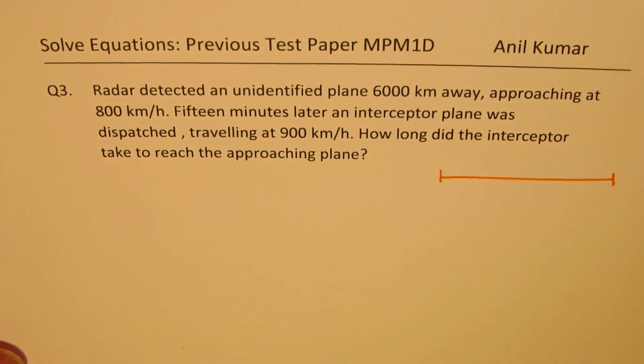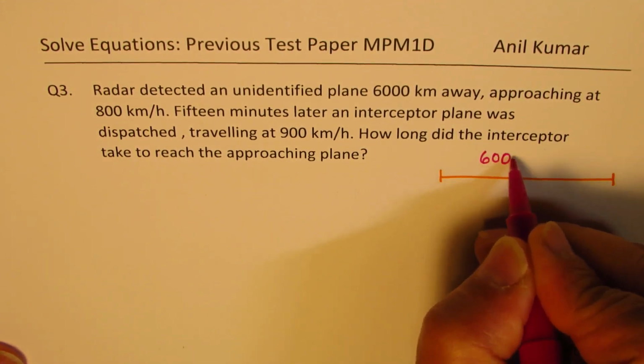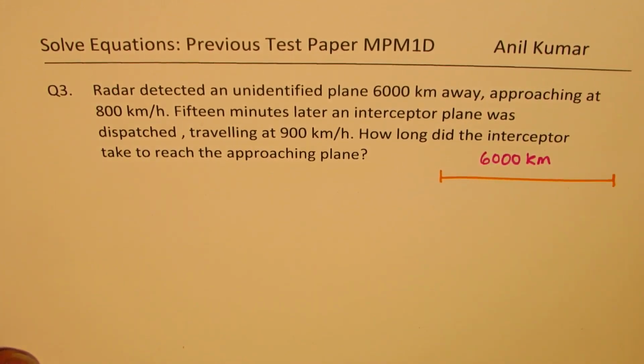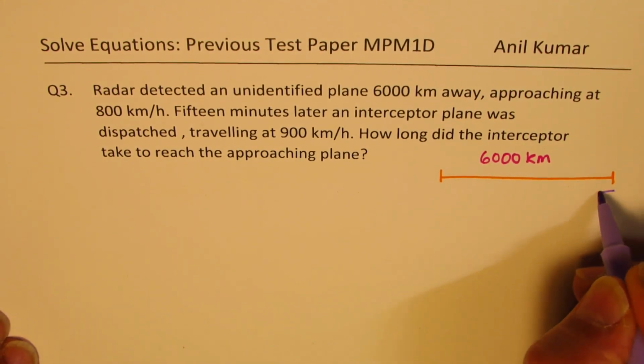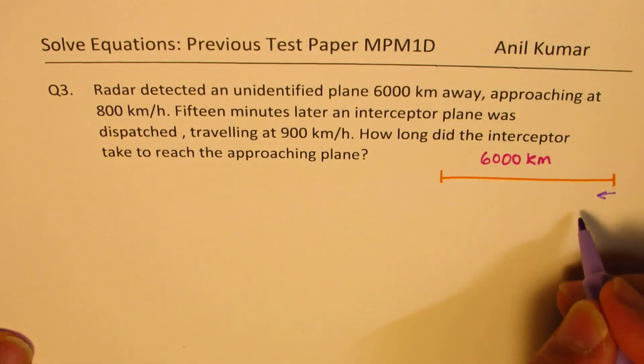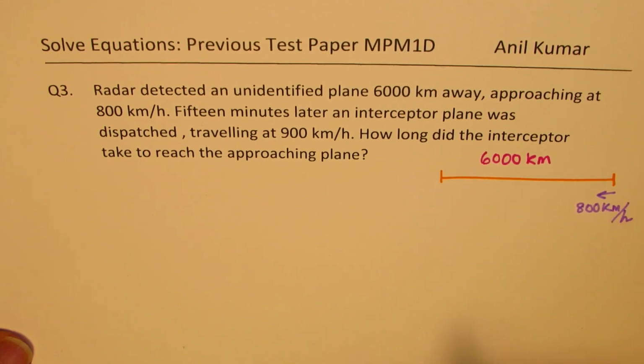So let's try to understand this situation. We have a distance here which is 6,000 kilometers. In this case, there is a plane which is approaching, let's say this is the plane, and it is approaching with the speed of 800 kilometers per hour.